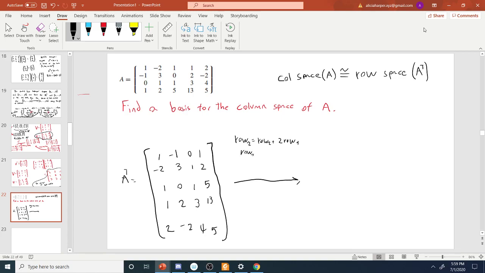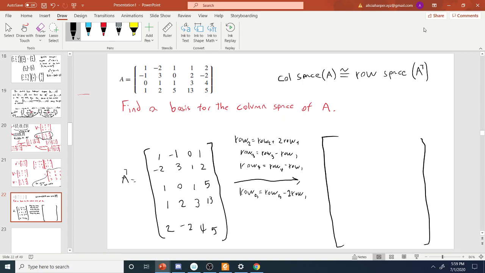I'll set row 3 to be equal to row 3 minus row 1, row 4 to be equal to row 4 minus row 1, and row 5 to be equal to row 5 minus 2 times row 1. And I'm going to do all these operations in batch and see what I get.